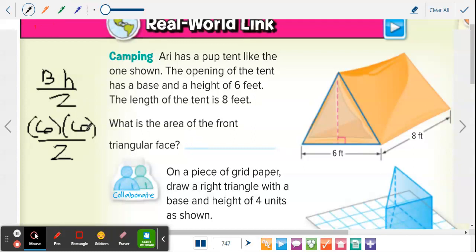So what's 6 times 6? Divide that by 2. What's 36 divided by 2? Anybody got a guess? 18 feet squared. Okay, so we just found the area of the triangle, nothing else.